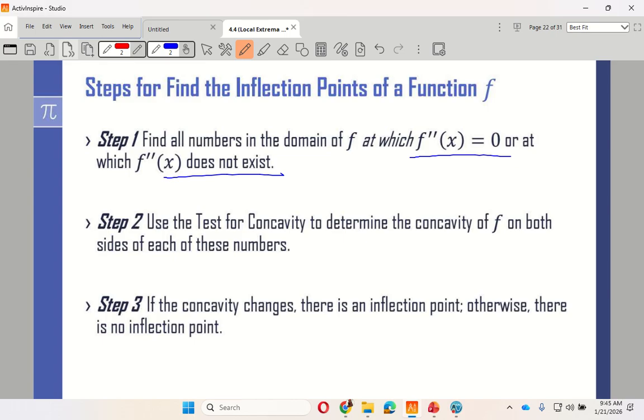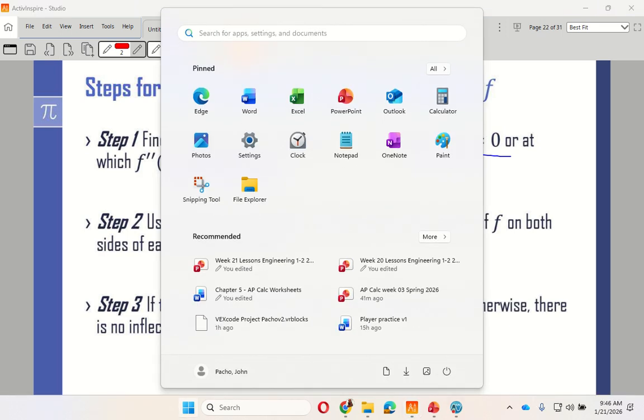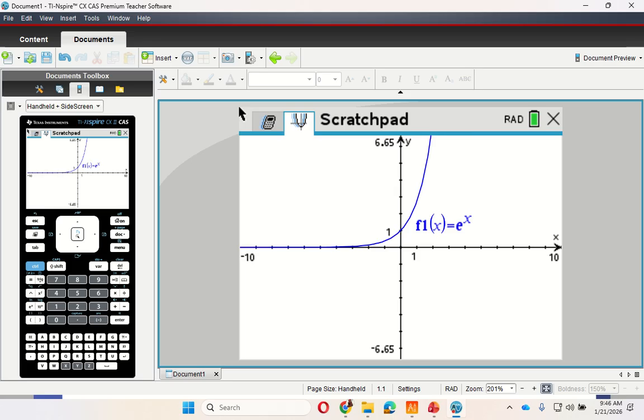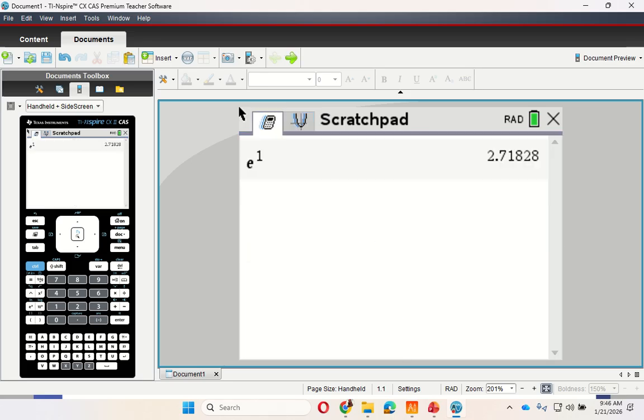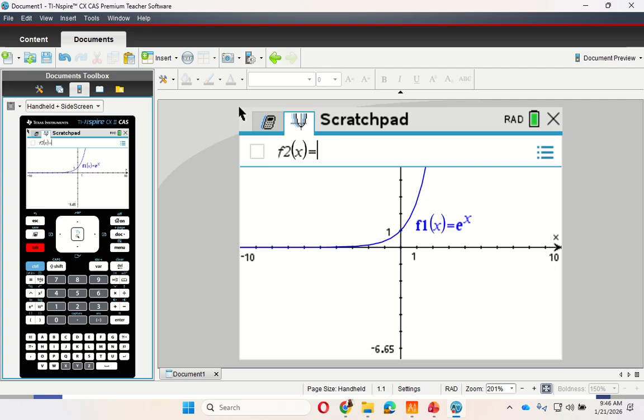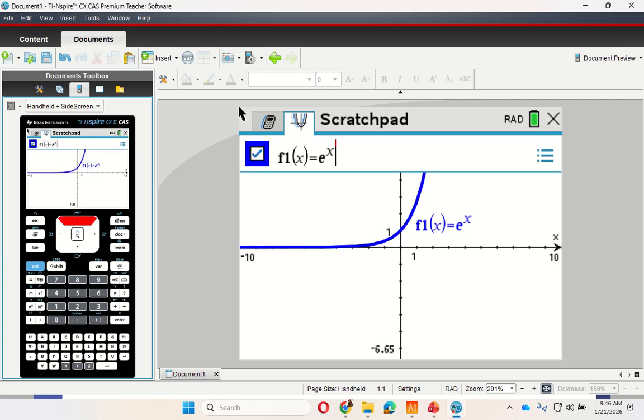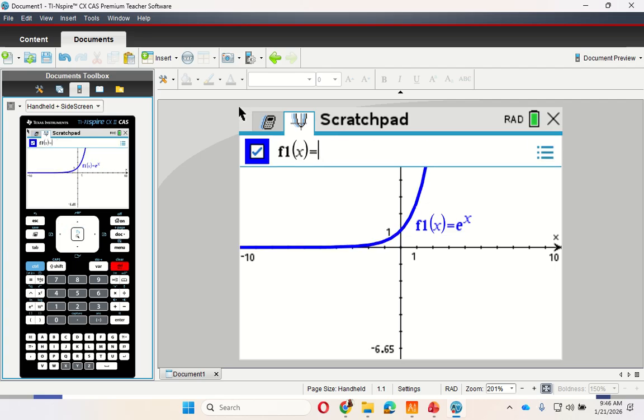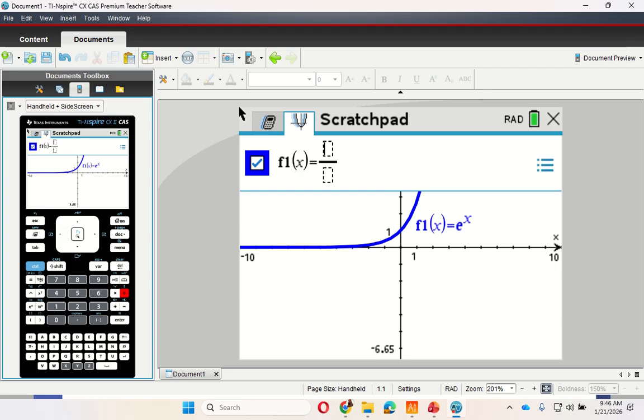So what do you think this is going to look like? Would it be like the cubes? Uh-huh. What was the function?